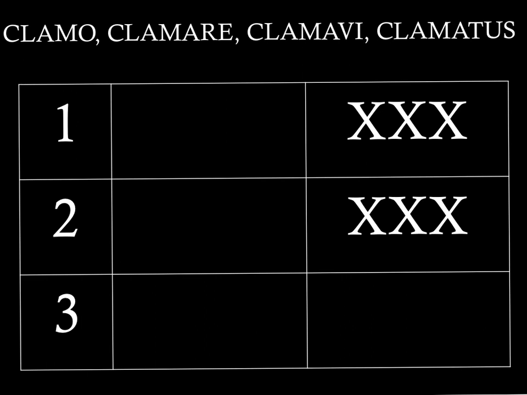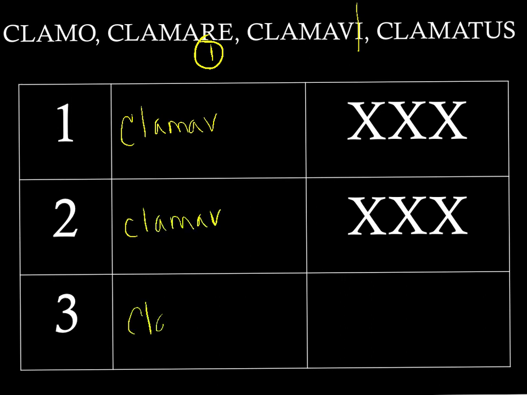So let's conjugate some verbs. So clamo, clamare, it's a first conjugation verb, but it doesn't really matter in the perfect tense. The stem is clamav. I'm just pronouncing that V just to make sure you remember to write it at the end. And so you are going to write clamav 4 times, and then we're going to add the endings.